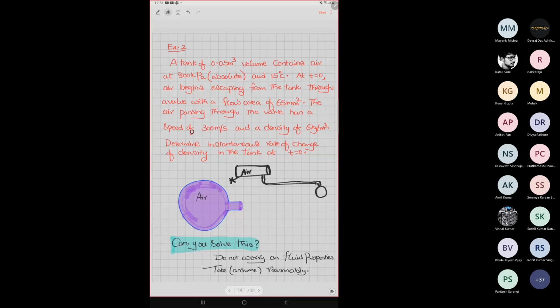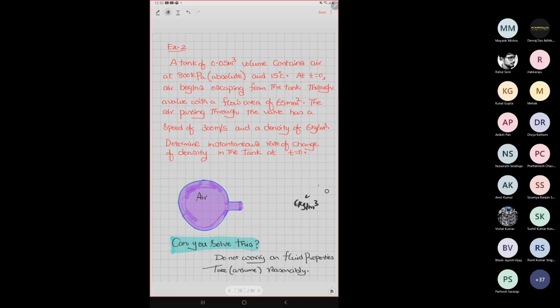Air might be compressible also, we don't know. And density of air is 6 kg per meter cube, maybe when it is within the chamber. Or maybe when air is leaking out, the compressed air which is coming out at 300 meter per second is 6 kg per meter cube.